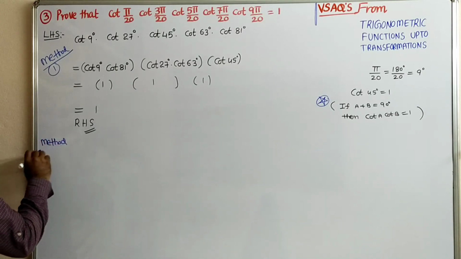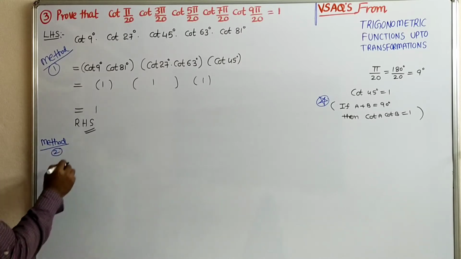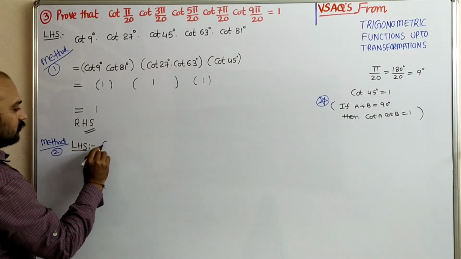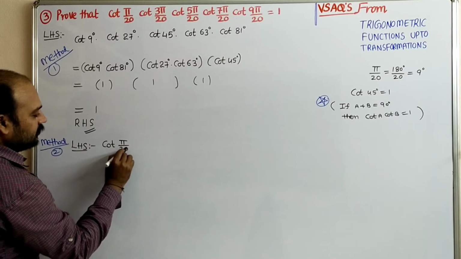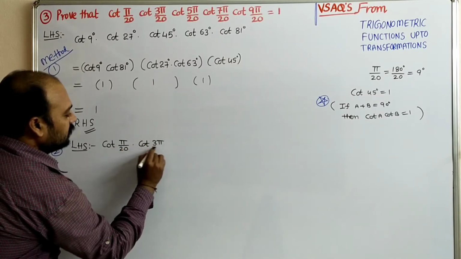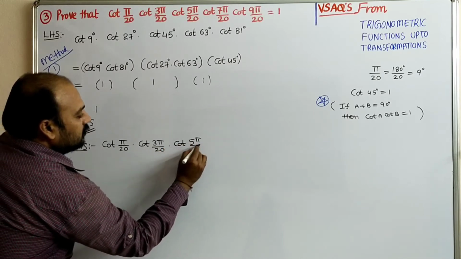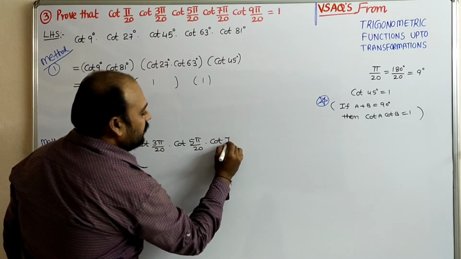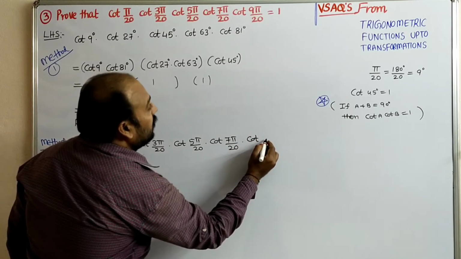Method 2. LHS: cot pi by 20, cot 3 pi by 20, cot 5 pi by 20, cot 7 pi by 20, cot 9 pi by 20.